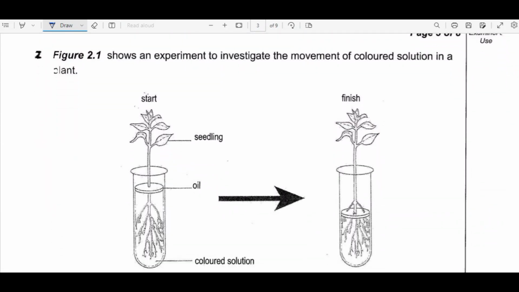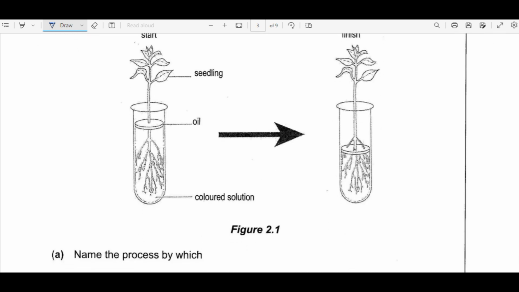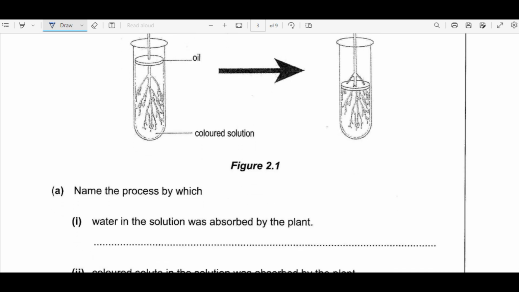Figure 2.1 shows an experiment to investigate the movement of colored solution in a plant. We'll have the start, then finish. The arrow is showing us what happened after the movement of this solution. Then question A: name the process by which, Roman number 1, water in the solution was absorbed by the plant. We have osmosis.